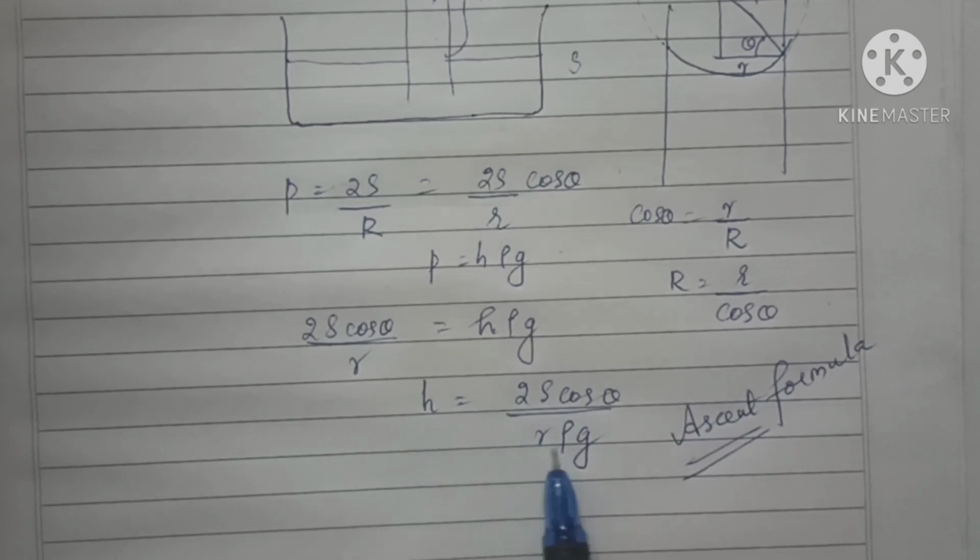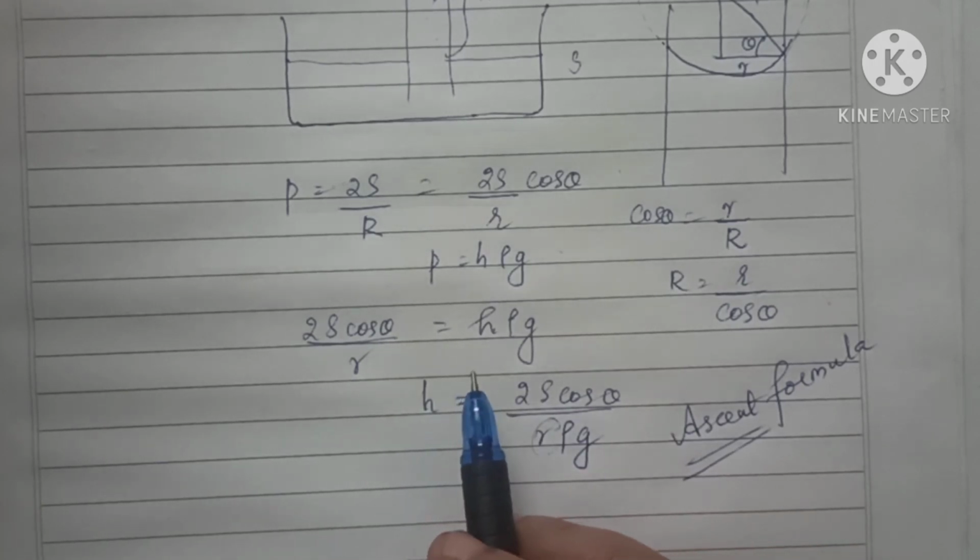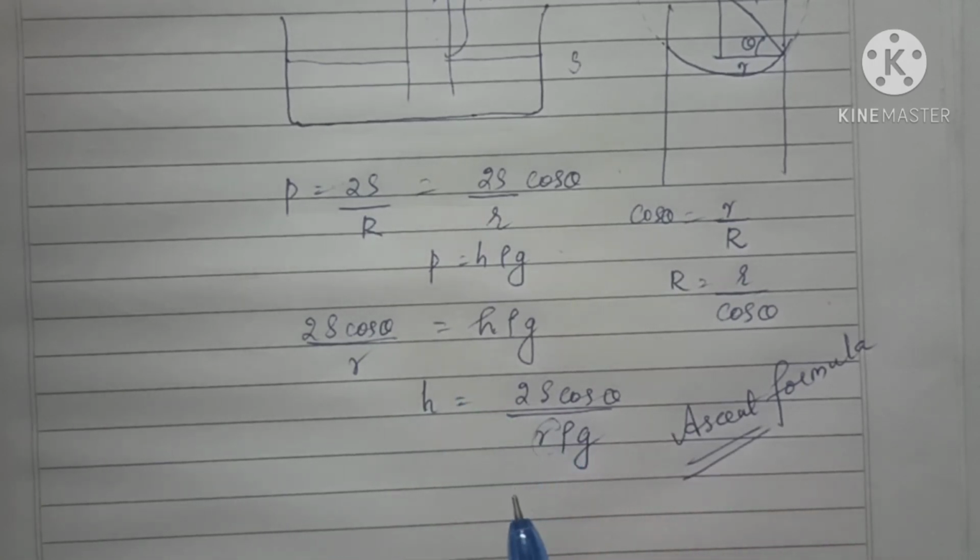So from this it is clear that for a smaller radius the height will be more. You can say a liquid rises more in a very narrow tube than in a wider tube. Understood? So this is the expression for the ascent formula, that is the height up to which a liquid rises in a capillary tube.